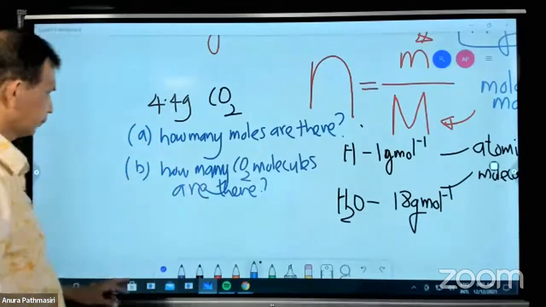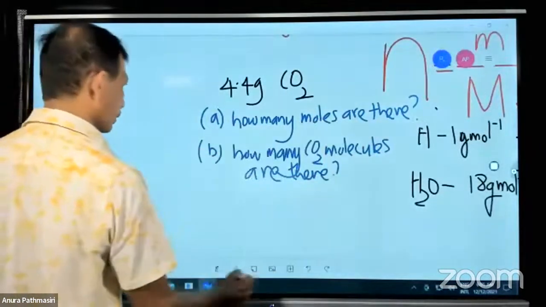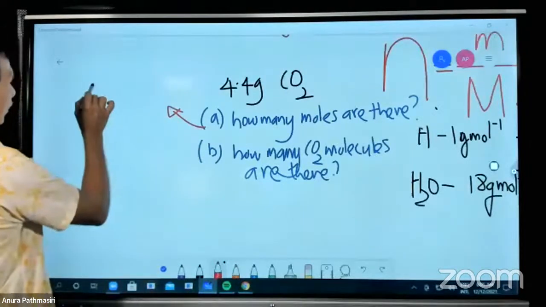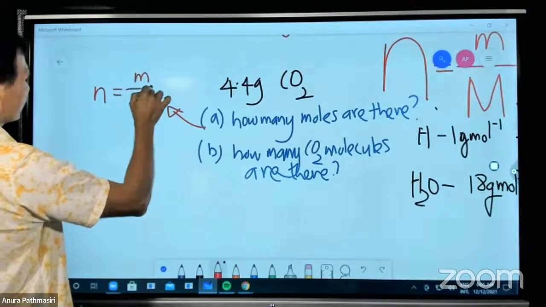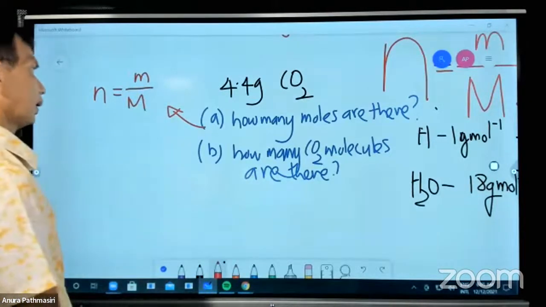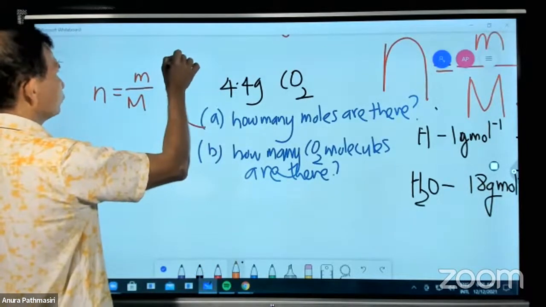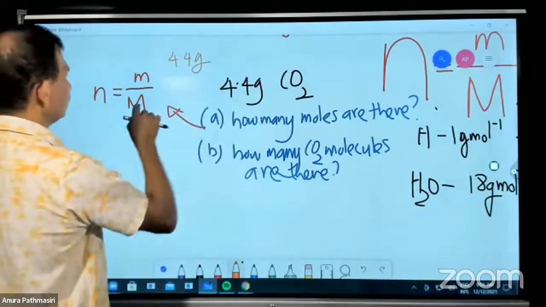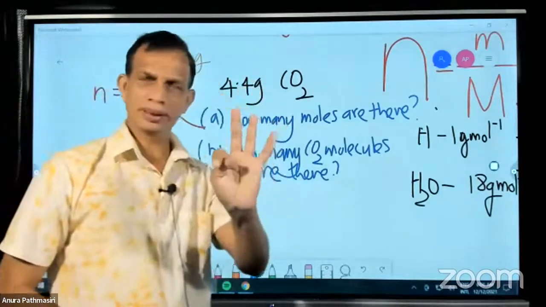එතකොට පළවෙනි ප්‍රශ්නෙට උත්තරය, how many moles are there? Equation: number of moles equals given mass divided by molar mass. Given mass is, of course, here 4.4 gram. Molar mass: carbon dioxide, carbon 12, oxygen 16.